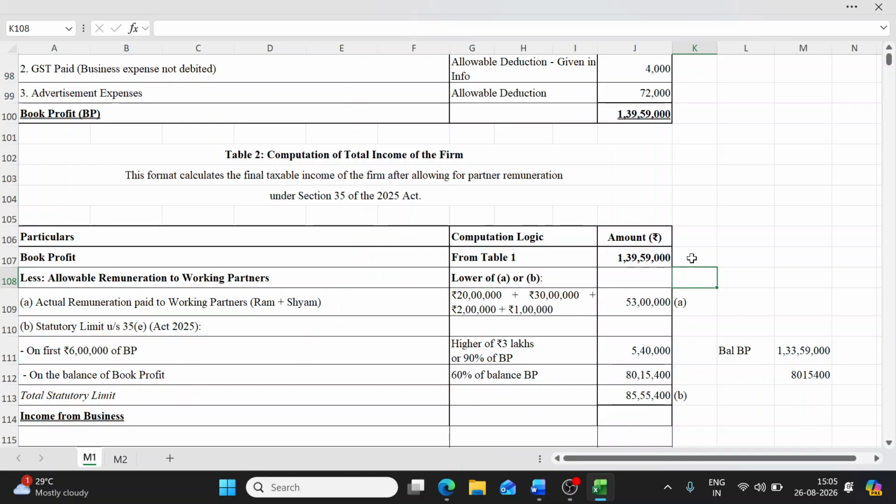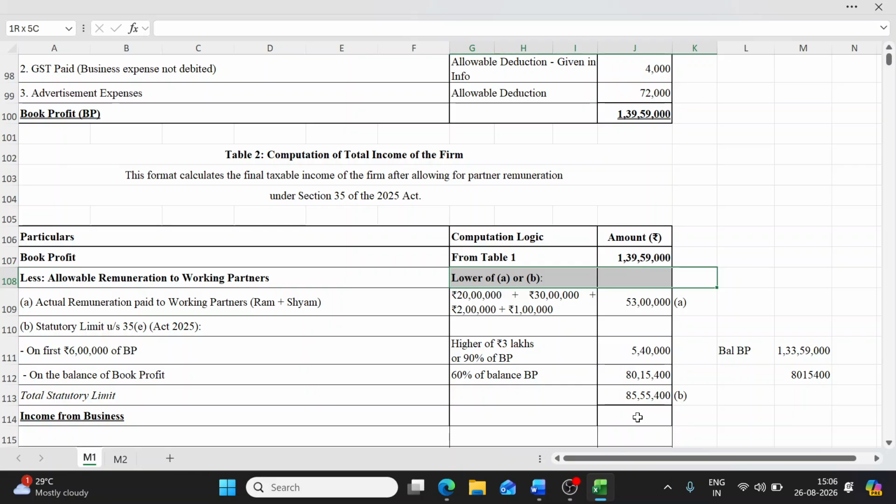But in order to calculate the income from partnership business, from book profit we have to deduct the lowest among point A and point B. The lowest is point A because A's value is 53 lakhs and B's value is 85 lakhs 55,400. So the lowest figure is A.